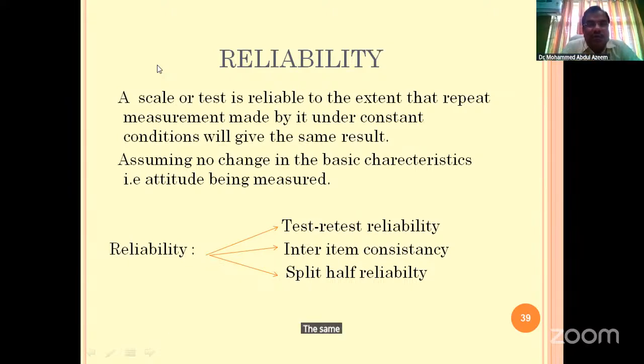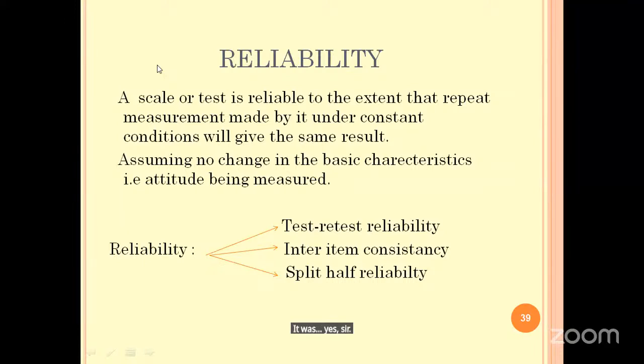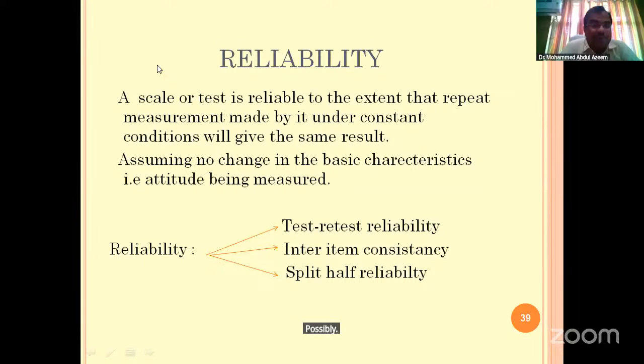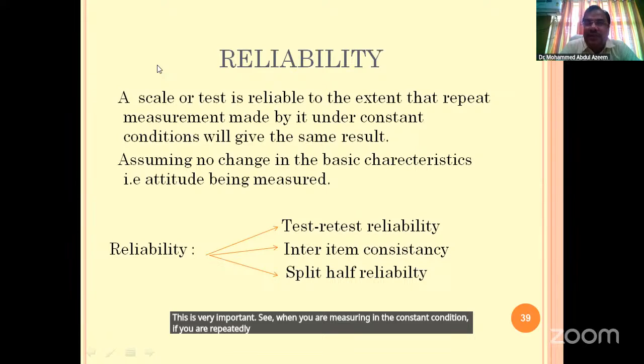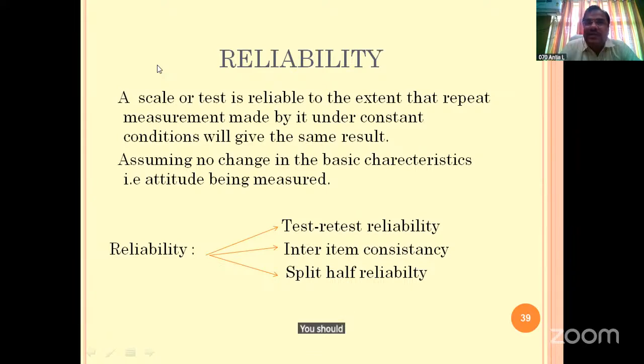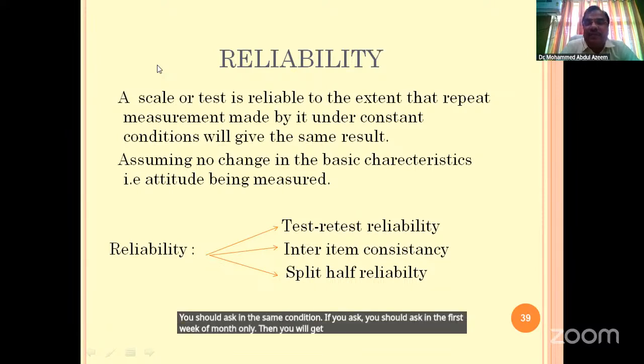The same question you asked at the end of the month, this pen costs 50 rupees, is it cheap or costly? What will be the answer? Costly, sir. When you are measuring in the constant condition, if you are repeatedly asking the same question, you should ask in the same condition. You should ask in the first week of the month only. Then you will get the same answer.